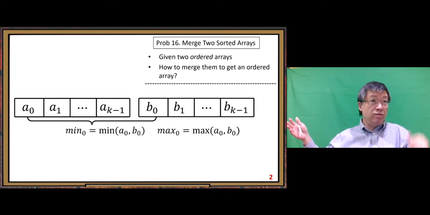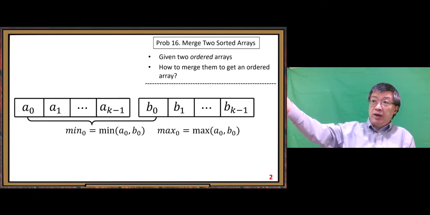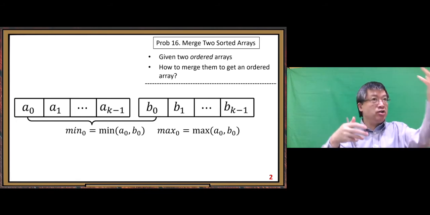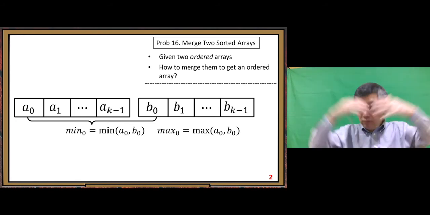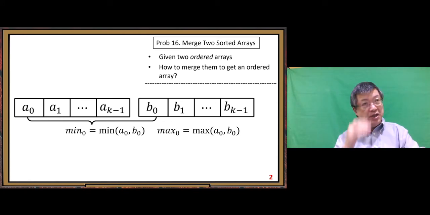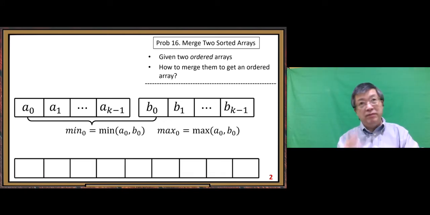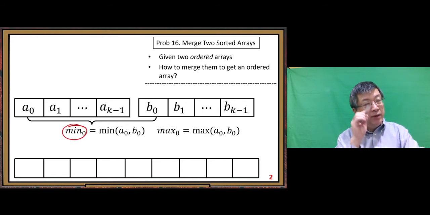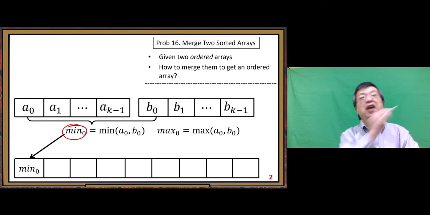Because A0 is the smallest of the first array and B0 is the smallest of the second array, the smaller one of A0 and B0 must be the smallest of all the elements. So with just one comparison, we can put the min zero in place.